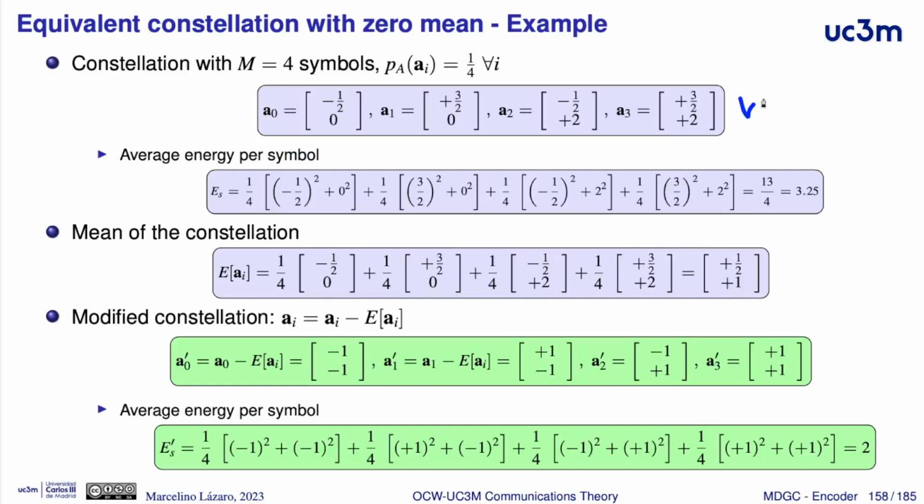Analytically, if we have the coordinates of the 4 symbols, we can obtain the mean of these 4 coordinates in both dimensions. Then we subtract to every symbol this mean to obtain the new constellation. The mean energy per symbol of the original constellation is much higher than the mean energy per symbol of the zero mean constellation.